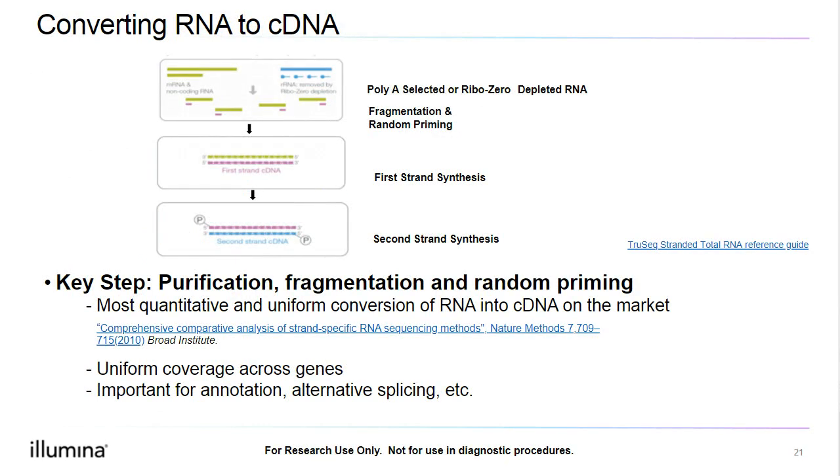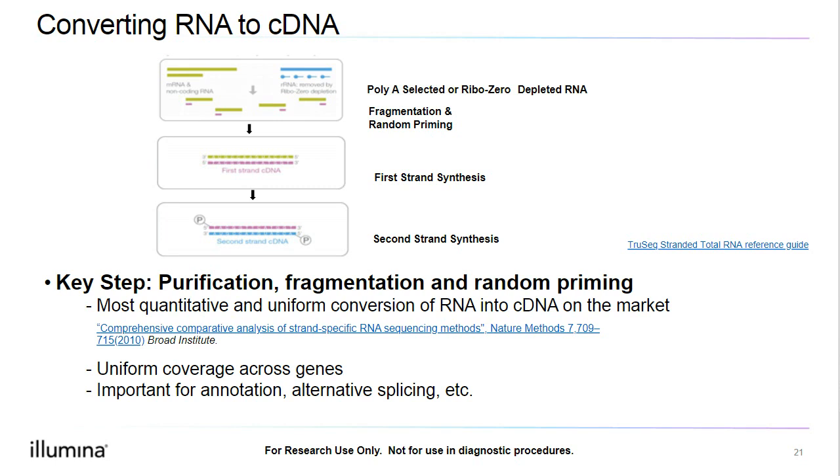After we do our RNA selection or RNA depletion, we need to convert RNA to DNA. So what happens is that after poly-A selection or rRNA depletion, we will fragment and randomly prime our RNA transcripts. We will then proceed onto first strand synthesis and second strand synthesis.